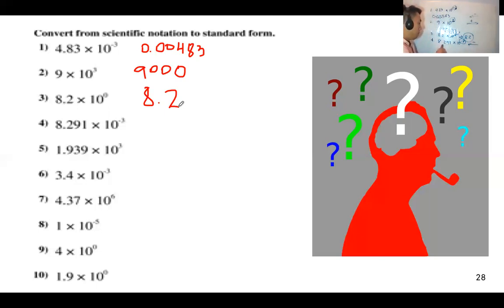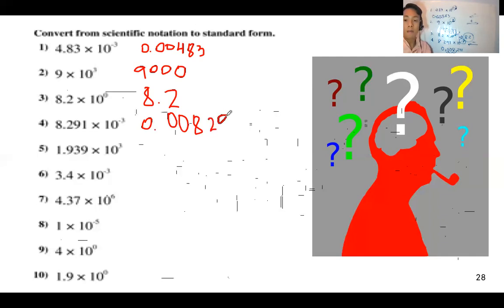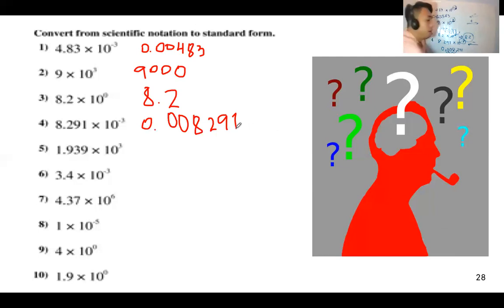So from 8.291, move natin siya 3 times from here to the left. 1, 2, 3. A decimal point, a 0 here, 0, and 0. So the final answer for number 4 is 0.008291. Okay, so far so good. Tama? Easy lang tayo.